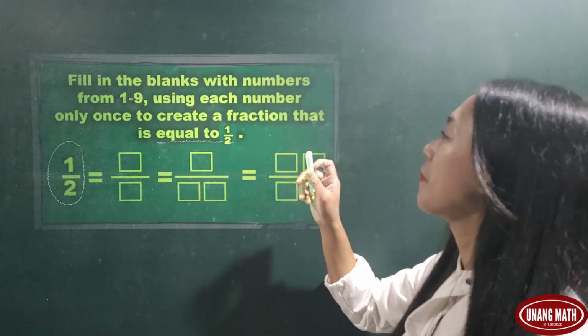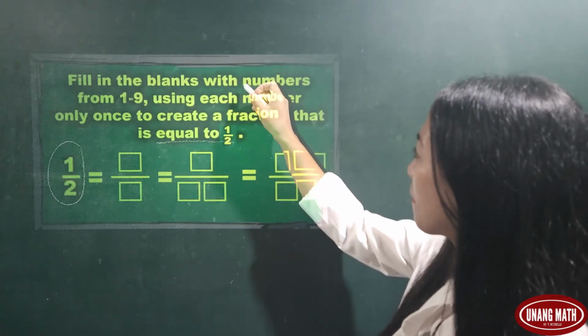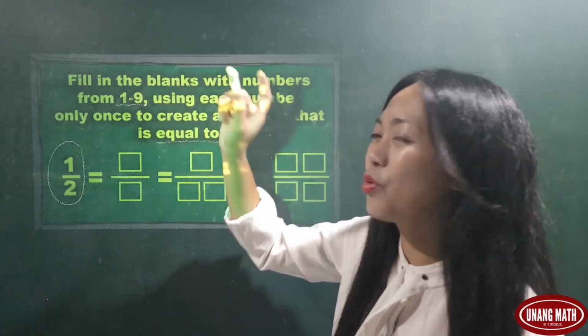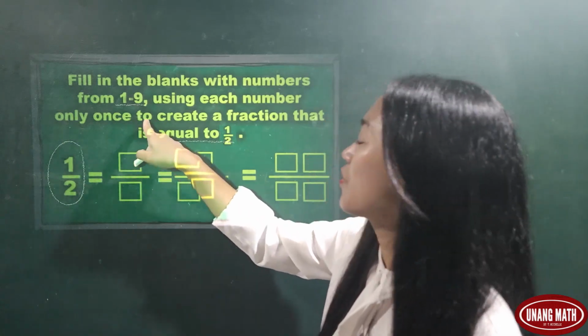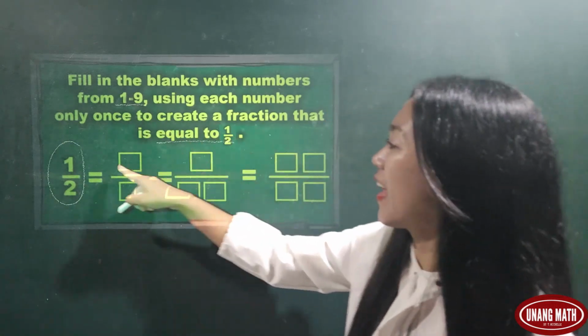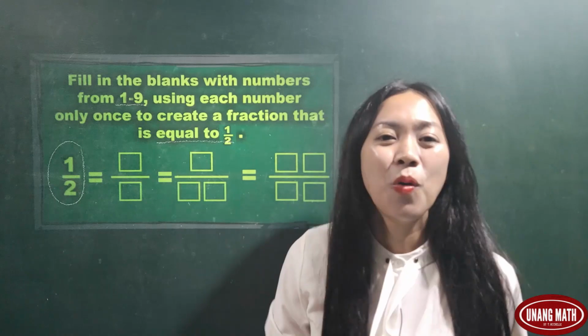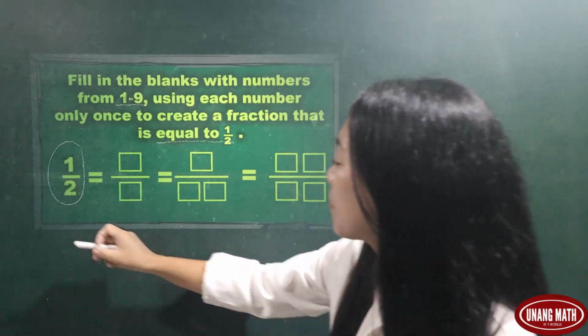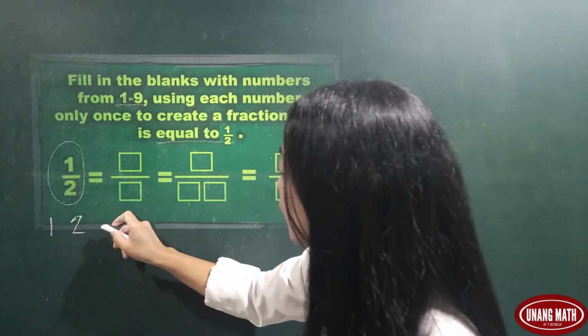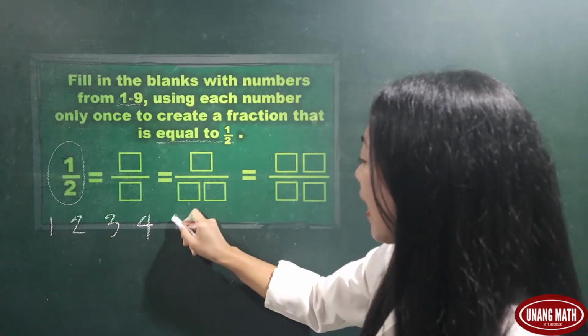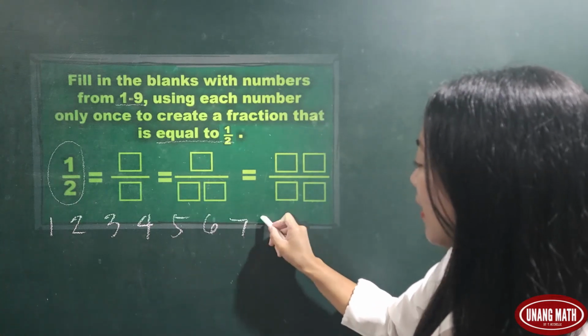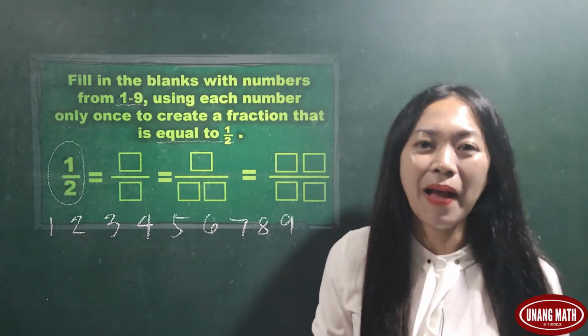Okay, according sa problem, gagamitin natin ang mga numbers from 1 to 9 only once to create a fraction na equal sa fraction na 1/2. Okay, isulat muna natin ang mga numbers from 1 to 9 dito para makita natin kung nagamit na natin ito or hindi pa.